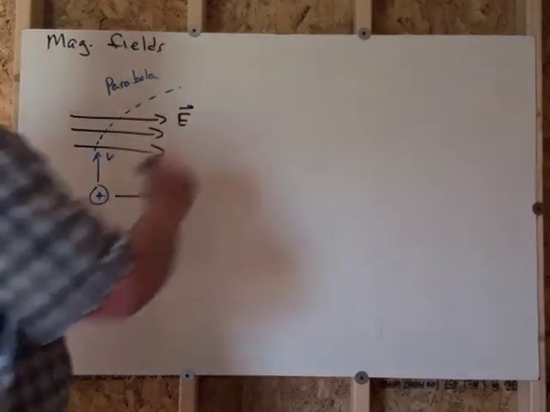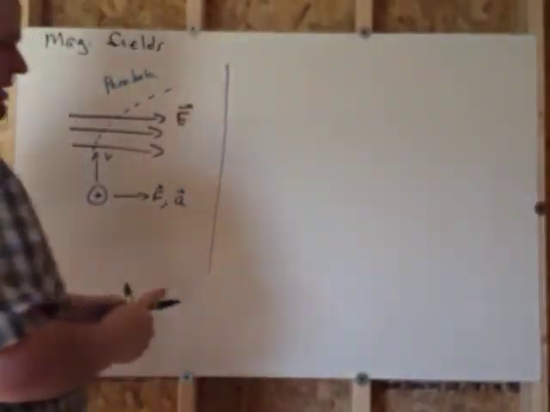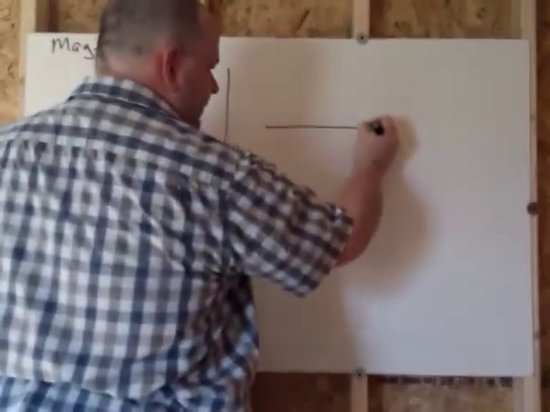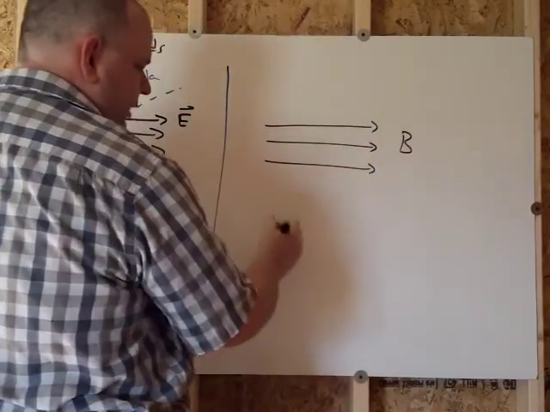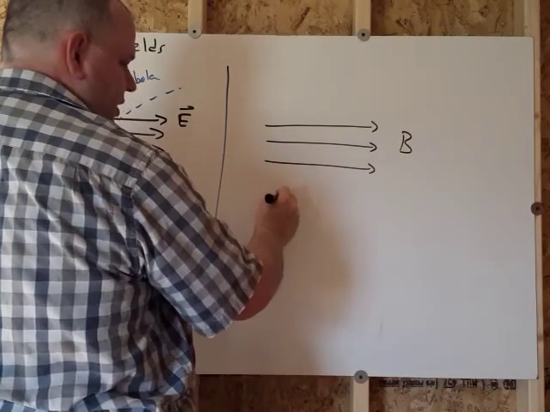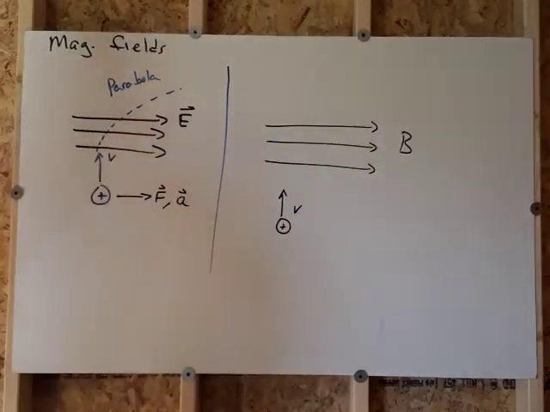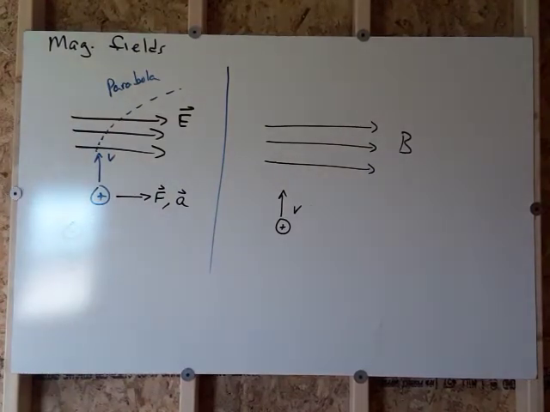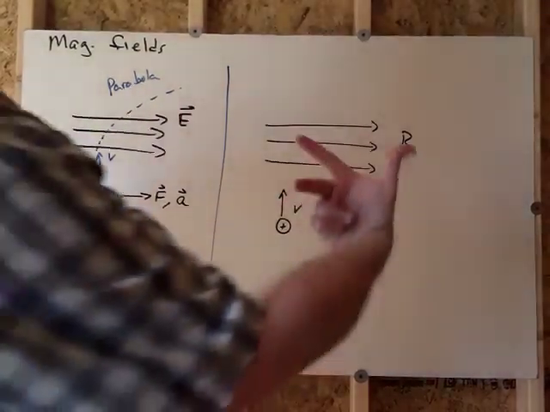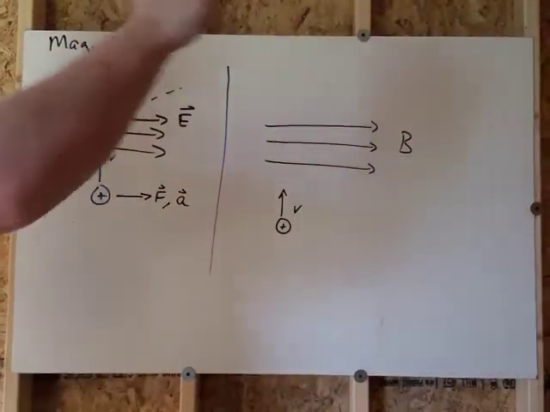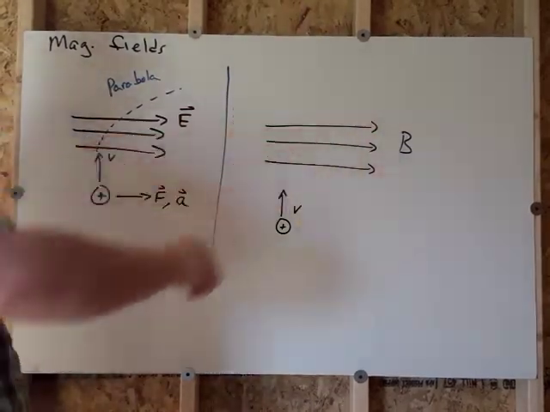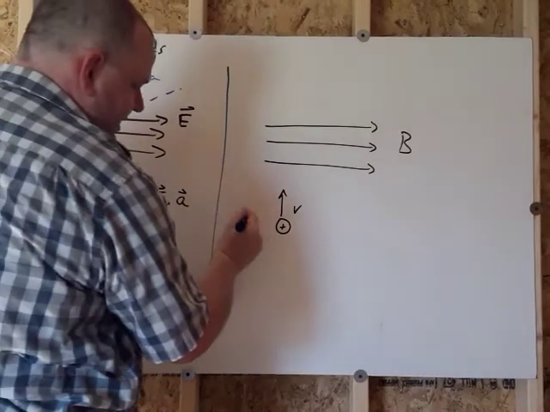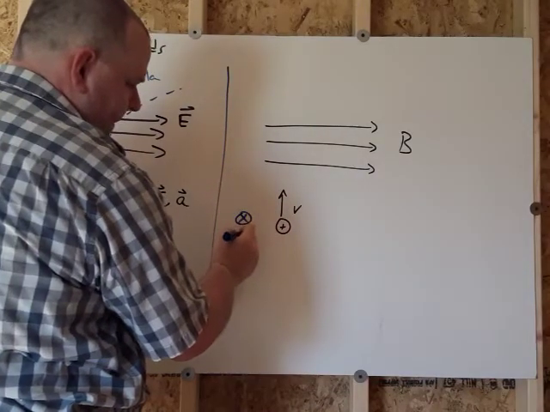Now, off to the side over here, we're going to do the other version of this. We're going to put in a magnetic field, and we're going to put in the same charge. But as you remember, when we talked about this, there's a right-hand rule. The way I've drawn it, the velocity is up and the field is that way, and so the net force on this is going to be into the board.